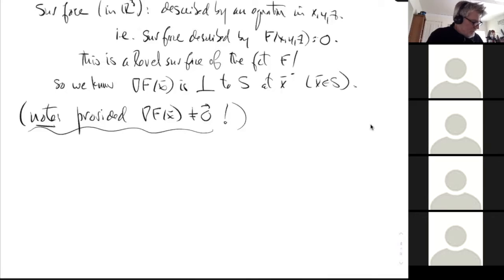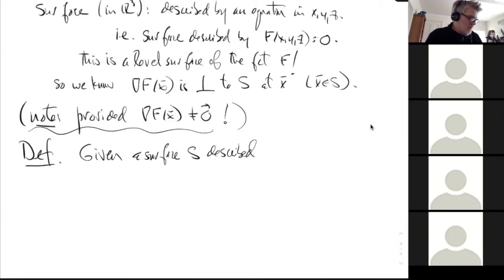All right, so definition, given a surface S, and I'll write it fully here. So S is the set of all points x, y, z such that f of x, y, z equals to 0.